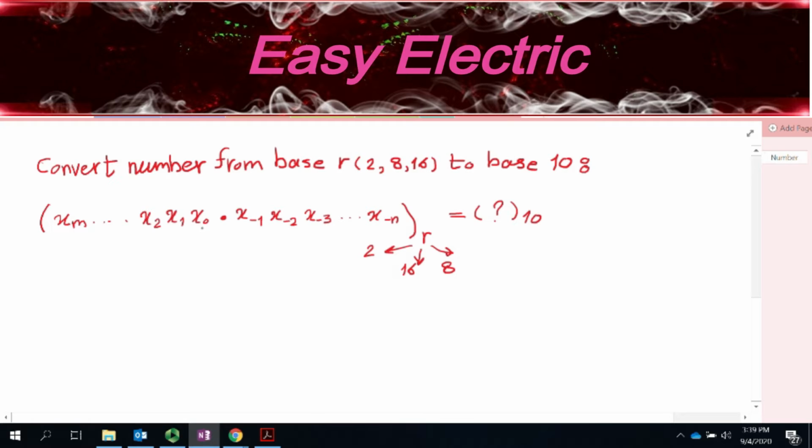You start with this number that we have, from the first digit on the left side of the point.